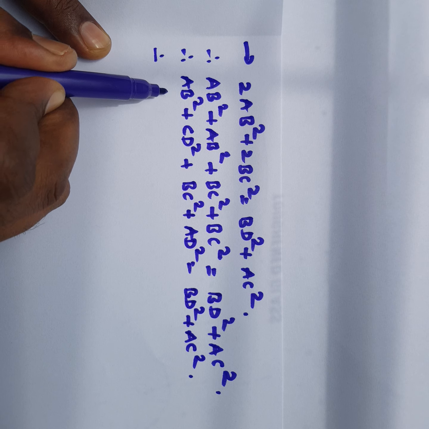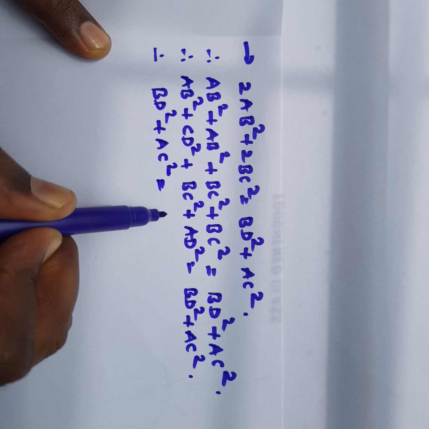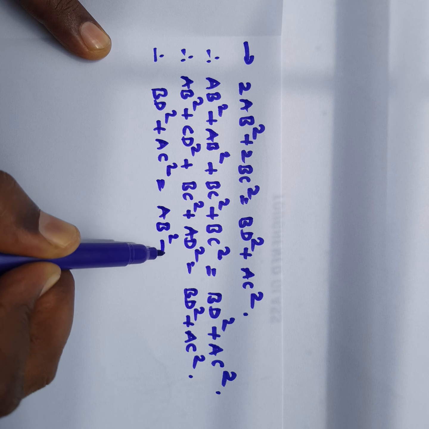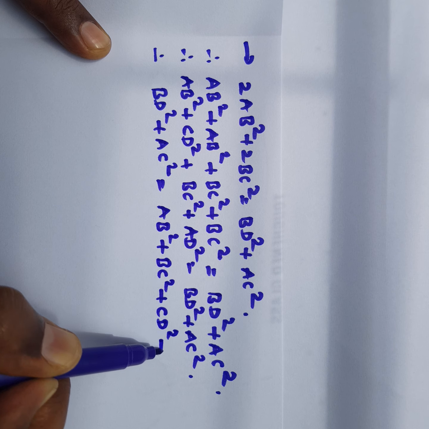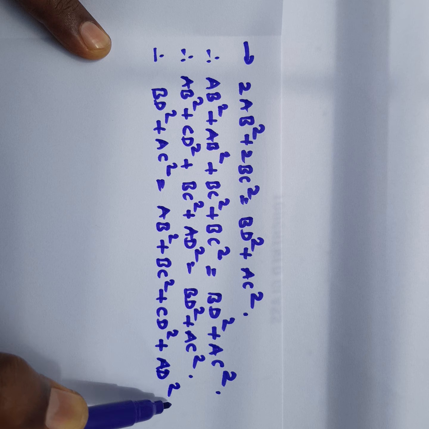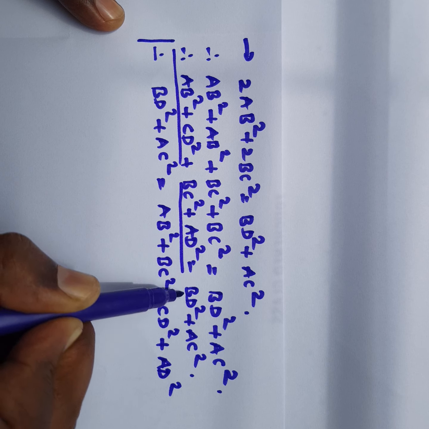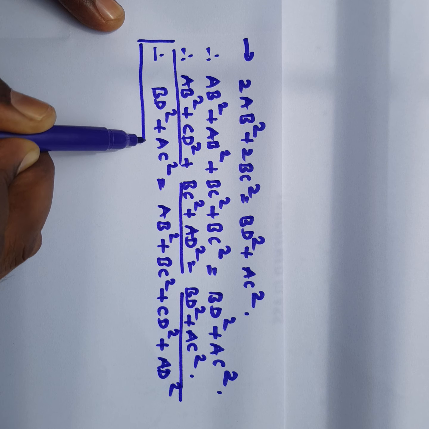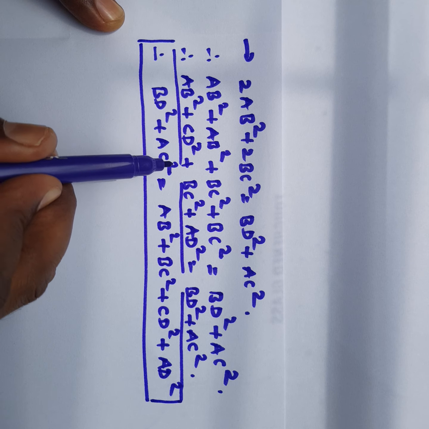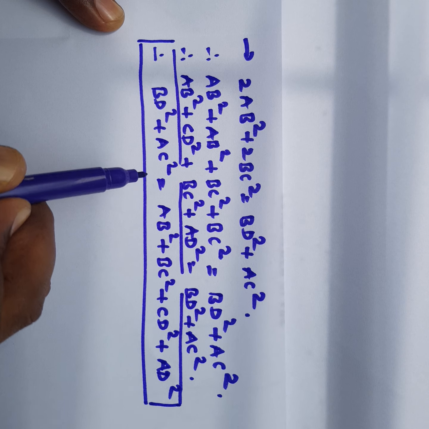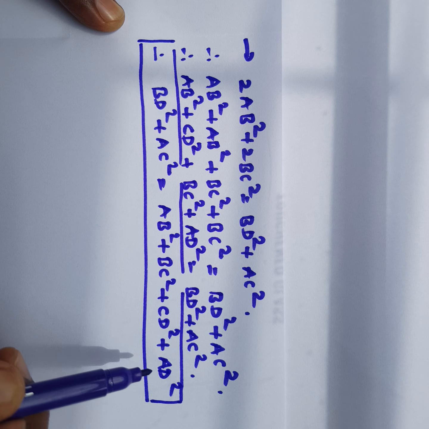Therefore BD square plus AC square is equal to AB square plus BC square plus CD square plus AD square. It is to prove here. In this way we can prove that the sum of the squares of the diagonals of a parallelogram is equal to the sum of the squares of its sides.